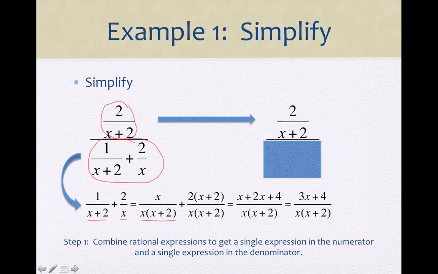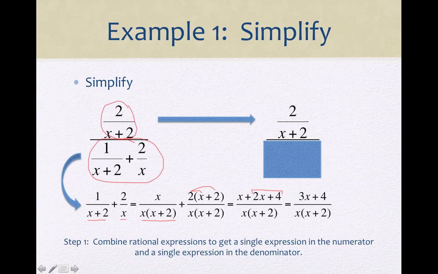And in our second fraction, we need to multiply the top and the bottom by the x plus 2. So the 2 that was already here is going to get multiplied by x plus 2 as well as the x that was in the bottom. And so now if we combine, you can see here we would have to distribute the 2 to the x and the 2, and that's where this 2x plus 4 is coming from.